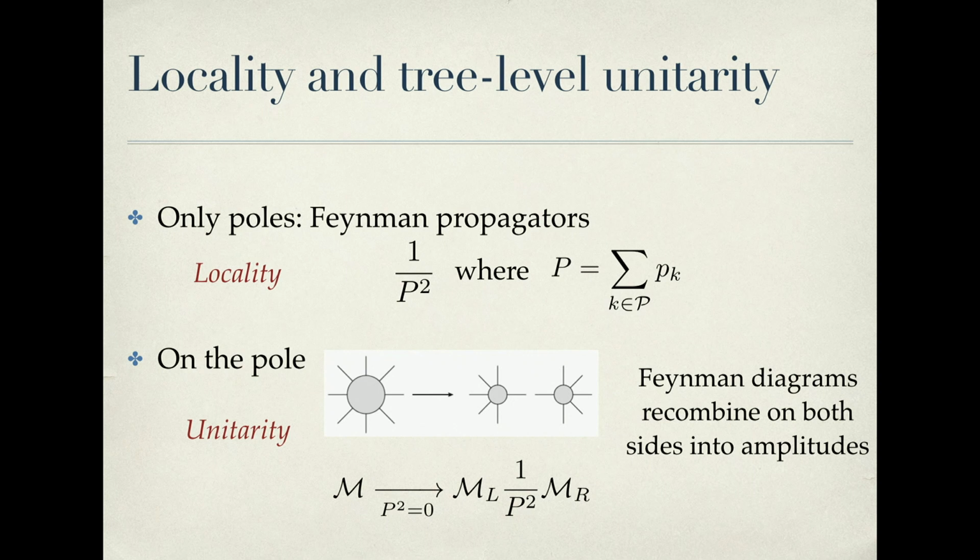And unitarity at tree level is the statement that the amplitude on such a pole factorizes into two pieces, where p is now the sum of the external momenta on the left or right. Using momentum conservation, it's the same. So the factorization property is the statement about perturbative unitarity at tree level.